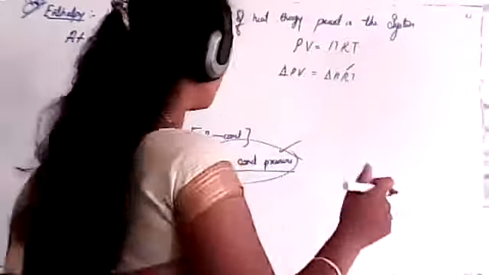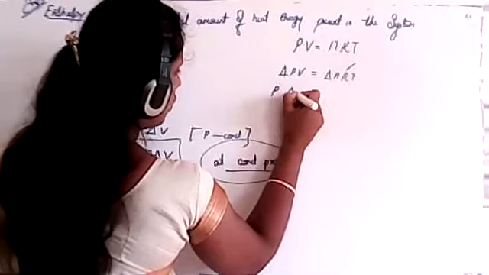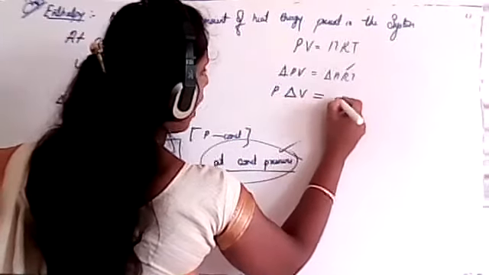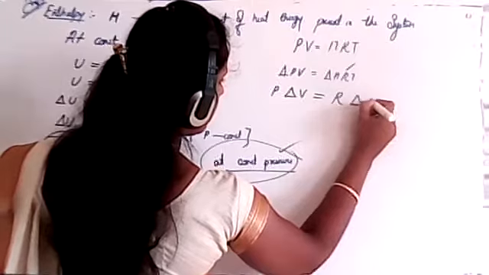In this case P is a constant, so P delta V equals R, a constant, times delta n times T.